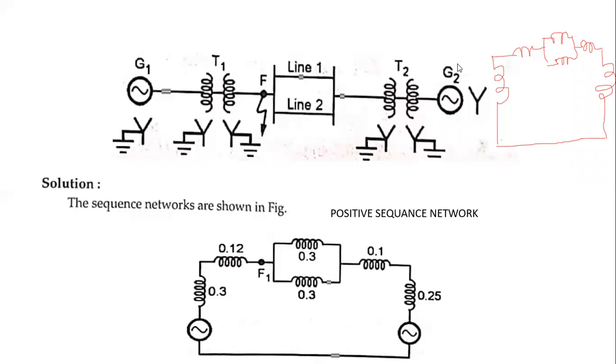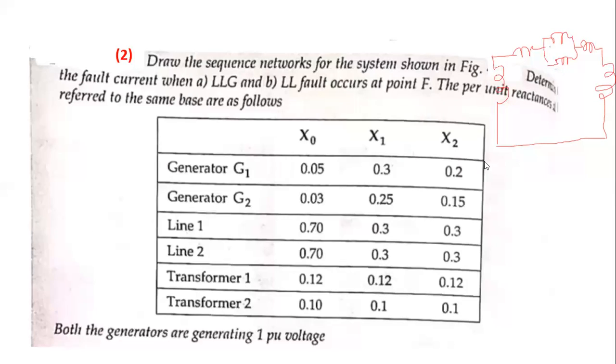Then we substitute all the values for the negative sequence. Generator G1 reactance is 0.2, and generator G2 reactance is 0.15.